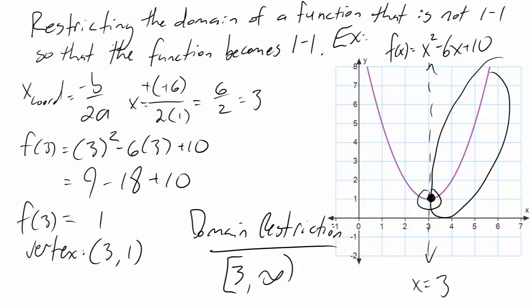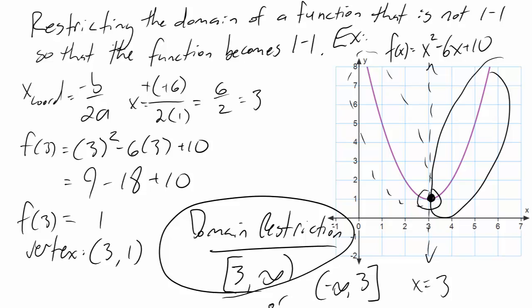Other options would have been to go from negative infinity to positive 3, using this section here to the left of our axis of symmetry. Both would be acceptable answers for a restricted domain, and then you would go on to generate your inverse function based on that restriction, regardless of which one you choose. But again, here's the domain restriction we'll choose for this particular problem.